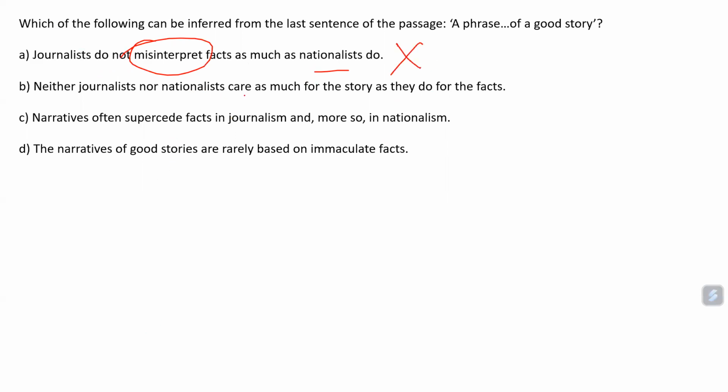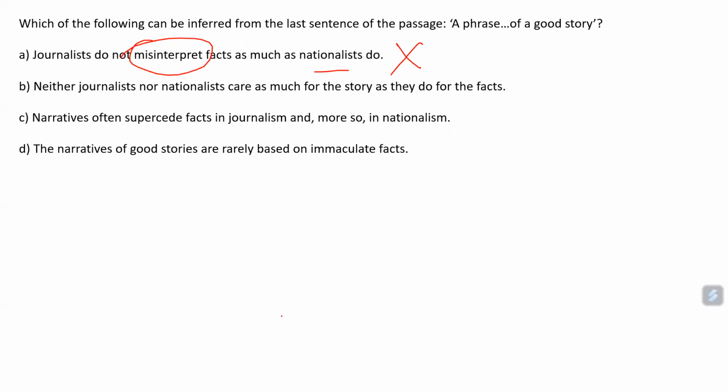Neither journalists nor nationalists care as much for the story as they do for the facts. Now, see, when I say that something is focusing on something extra and on another thing, the focus is not that much, right? But don't you think it is contradicting the idea mentioned in the passage? What's that idea given in the passage?